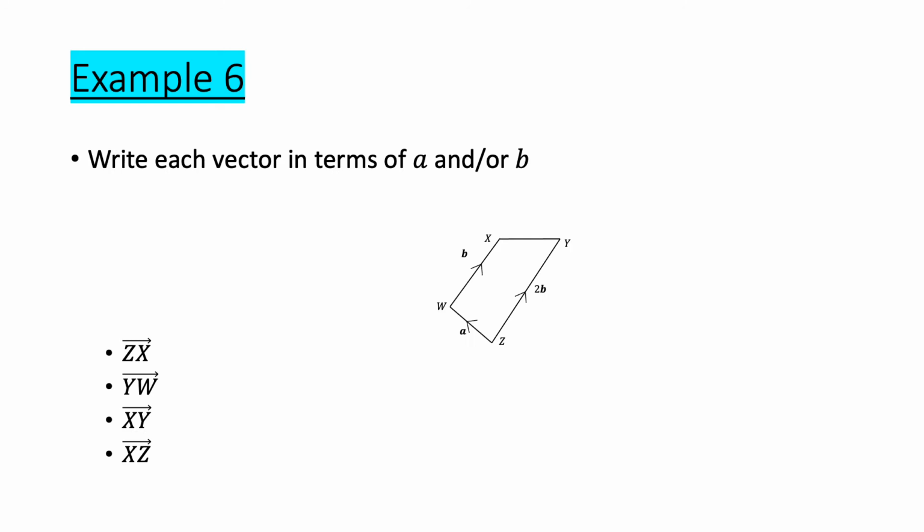Okay. Right, guys, example number 6. So they're going to start getting a bit trickier now, okay. So write the vectors for A and or B. So ZX going to be here. ZX, I've put a line there, make it nice and easy, is A plus B, nice and easy. Okay, so following the directions.